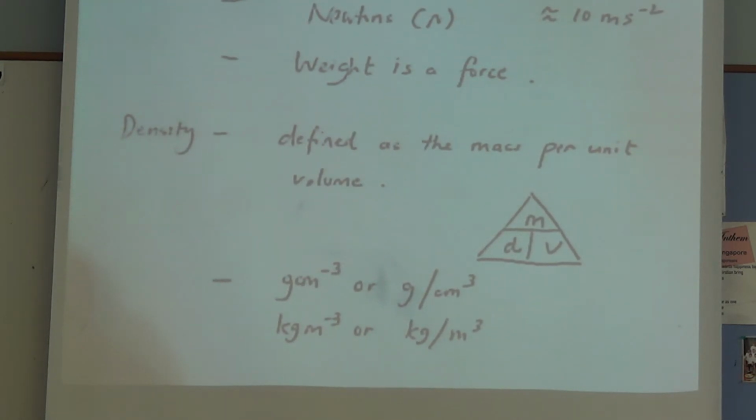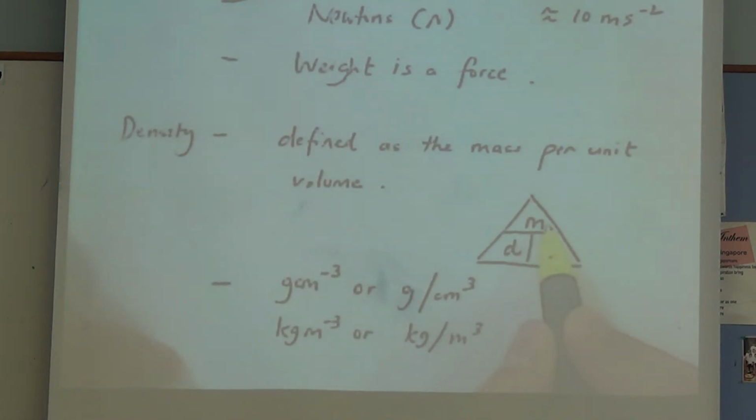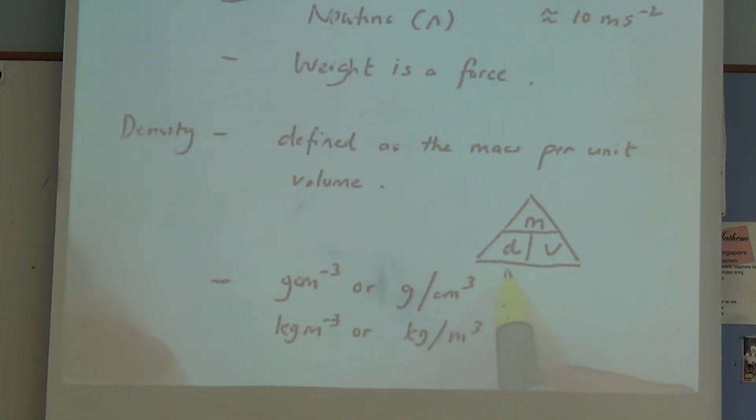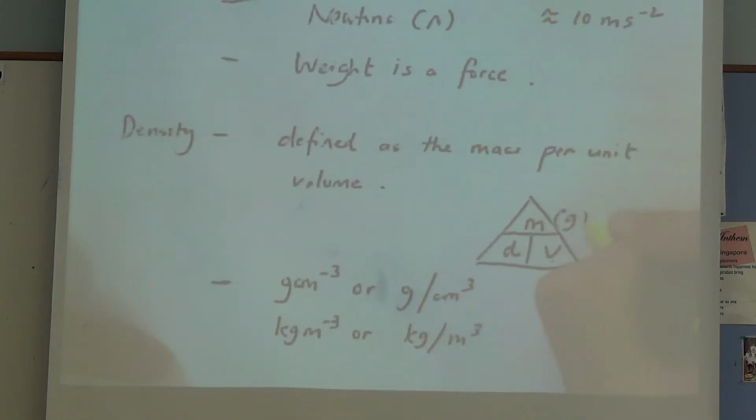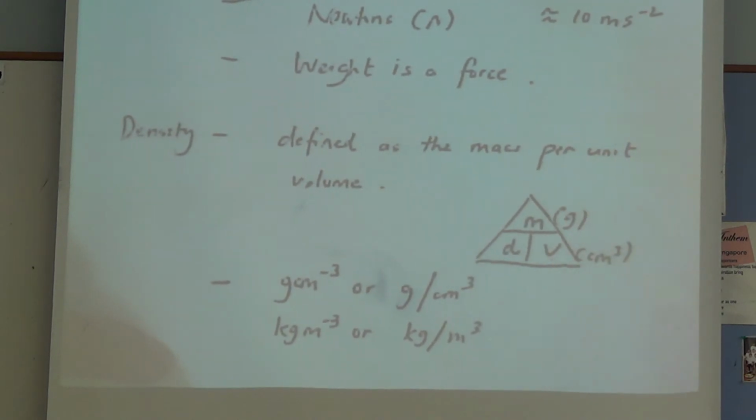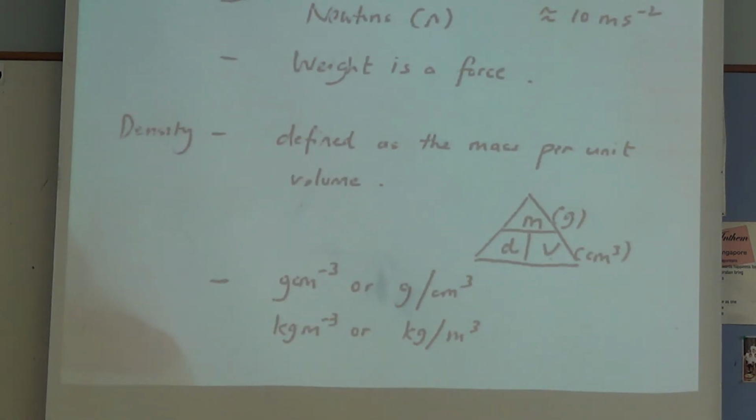So depending on the question, okay, if let's say my mass is in grams, alright? My mass is in grams. My volume is in cm cube. Thus, my density must be in grams per cm cube.